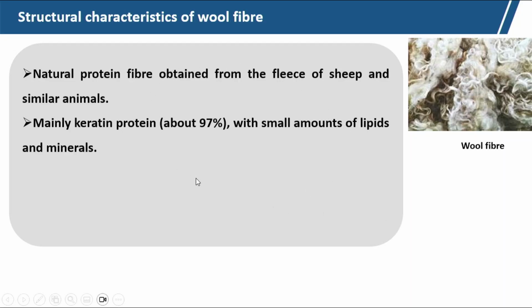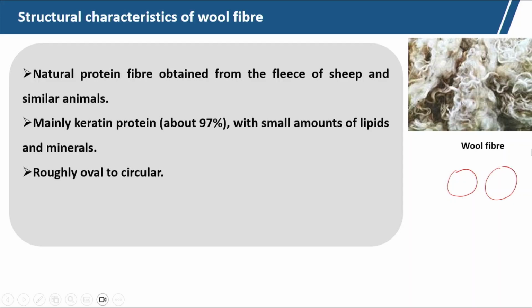So, mainly it is keratin. Although it is a natural fiber, its cross section is roughly oval to circular, approximately circular.